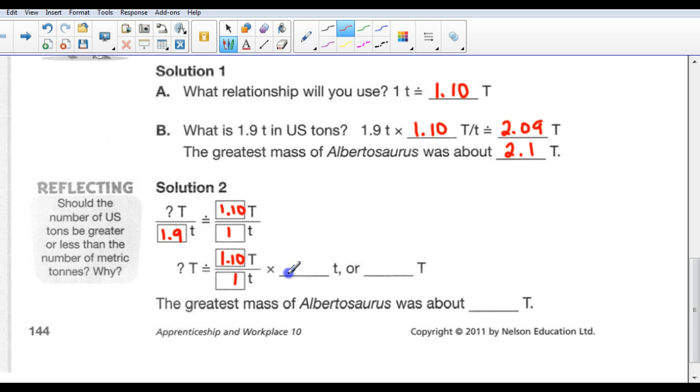We're going to multiply that by 1.9. Okay, conversion ratio, and we get the same answer of 2.09 US tons, so about 2.1. Okay. Reflecting. Should the number of US tons be greater or less than the number of metric tons? Well, it should be greater. Okay, because it takes more US tons in a metric ton.